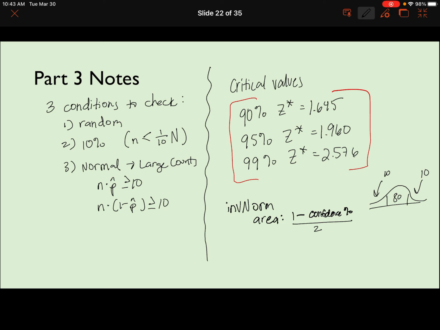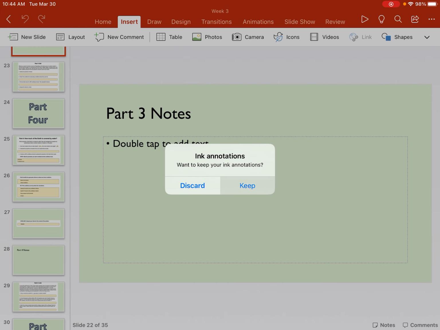All right, and then the last thing with notes on this is the formula for calculating and constructing your confidence interval for a proportion. This is a big equation, so I actually want to insert another page here.